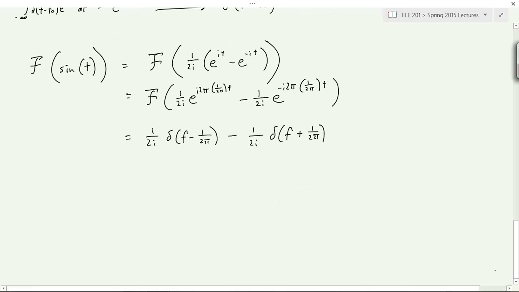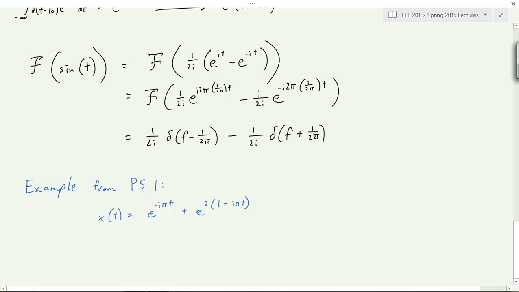Let's take an example from your first problem set. You were given a signal: x of t equals e to the negative i pi t plus e to the 2 plus i pi t.